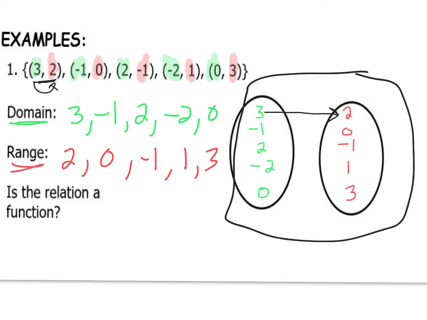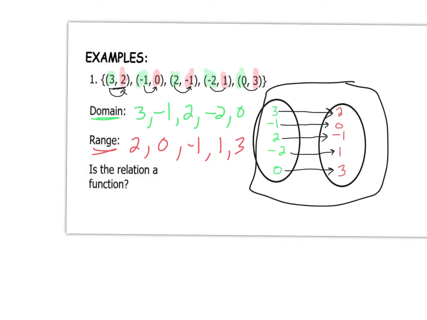Our next relation is -1 to 0. We have 2 to -1. We have -2 to 1. And we have 0 to 3. So that's what our mapping would look like.